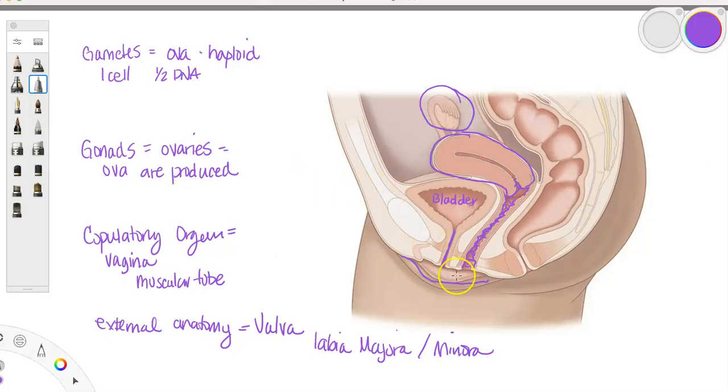There is also a little piece of anatomy there that you cannot really see on this view, which I can show in a moment. So we know that the penis has that glans part, which is sensitive and all of that. Well, the females have that same type of thing, and it's called the clitoris.